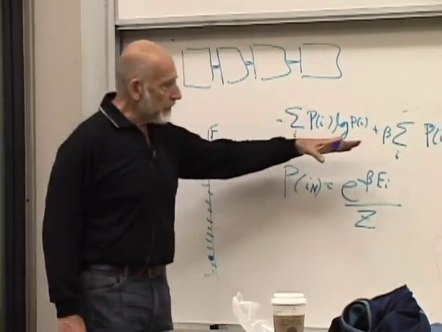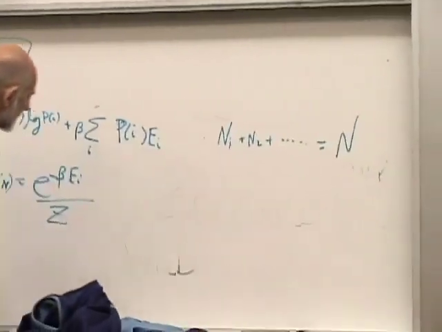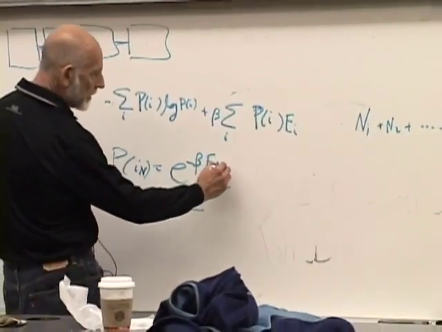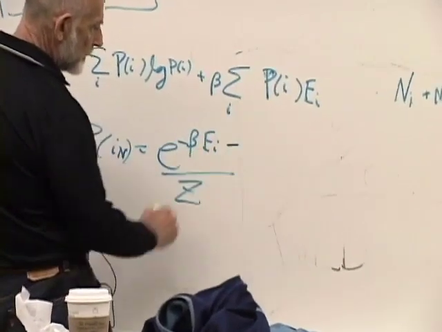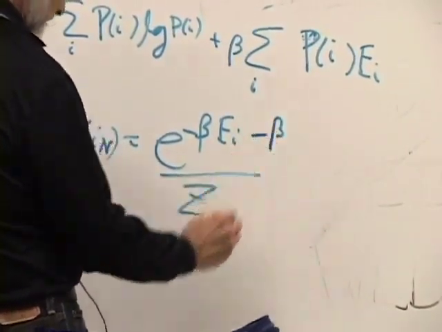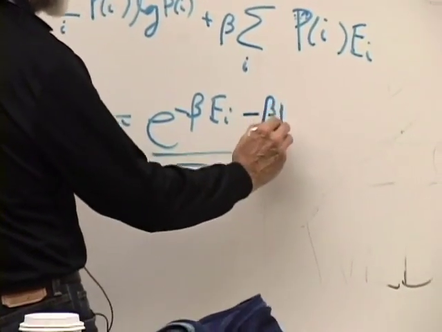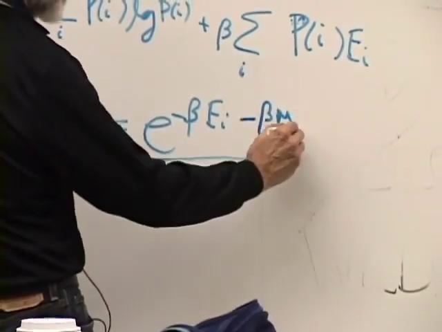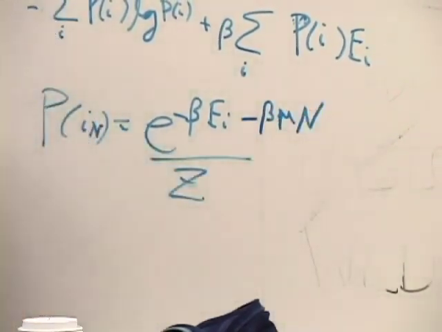And the answer that you get by the same exact analysis is another term up in here, which is minus beta mu times the number of particles in the box.